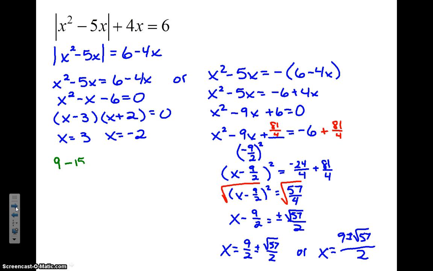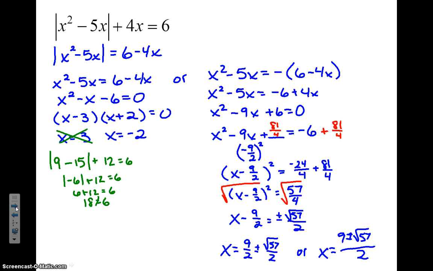Minus 15, that's inside of the absolute value, plus 12 equals 6. So this ends up being the absolute value of negative 6 plus 12 equals 6. So 6 plus 12 equals 6. 18 equals 6. Doesn't look right. Not equal. This is an extraneous solution.